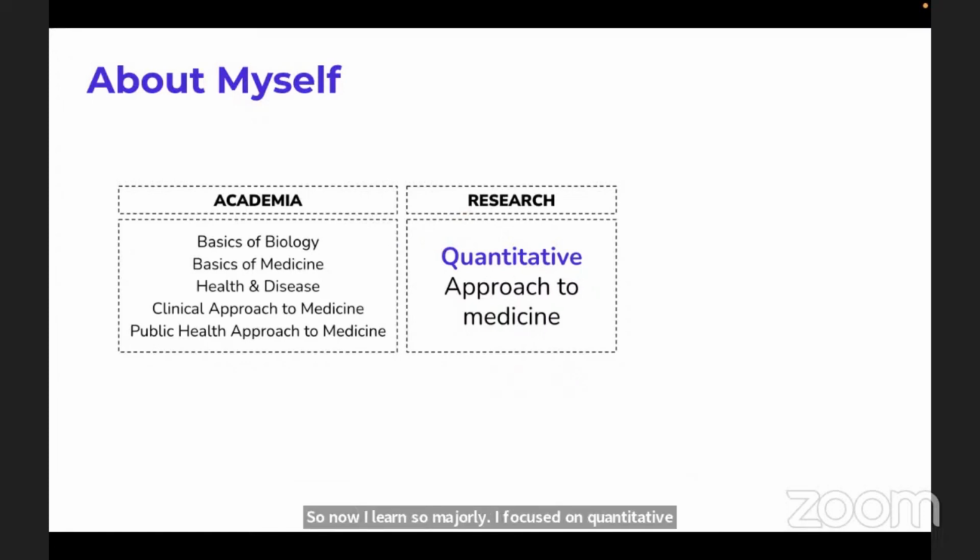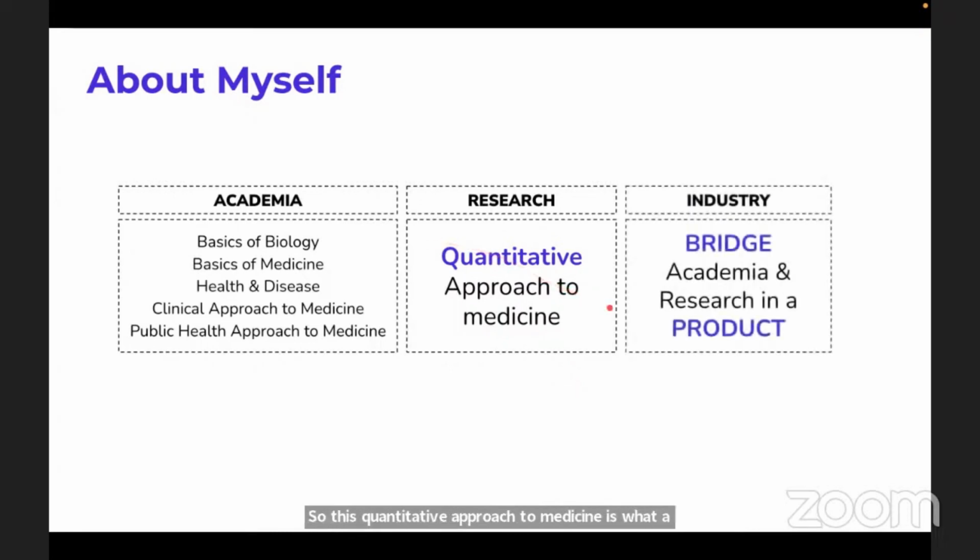How do we quantify a problem? How do we quantify, suppose, RNA expression in a normal cell versus RNA expression in a disease tissue? This art of quantification involves pre-processing, processing, and downstream analysis. So this quantitative approach to medicine is what research taught me.